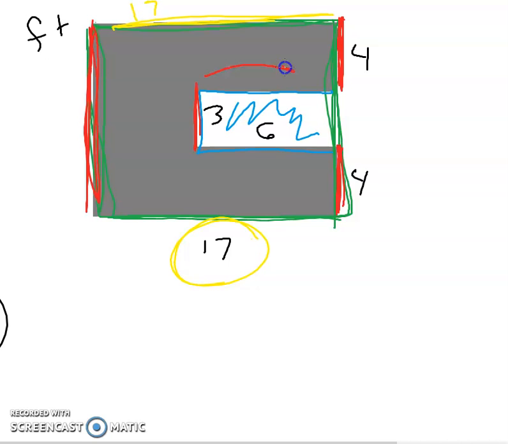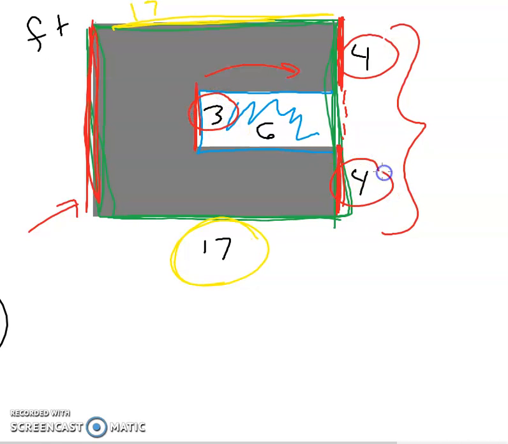Because if I was to move this side over, like there, this would be the same length as that side. And so I have to add up 4, 3, and 4 to get the length of that side. So that is going to be 8, 9, 10, 11 is going to be my side there.